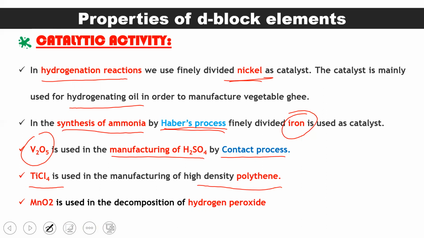In that process, titanium tetrachloride is used as a catalyst, and in the decomposition of hydrogen peroxide, manganese dioxide is used as a catalyst. So these are some examples of the catalytic behavior of d block elements. So remember that most of the d block elements have the ability to act as a catalyst.